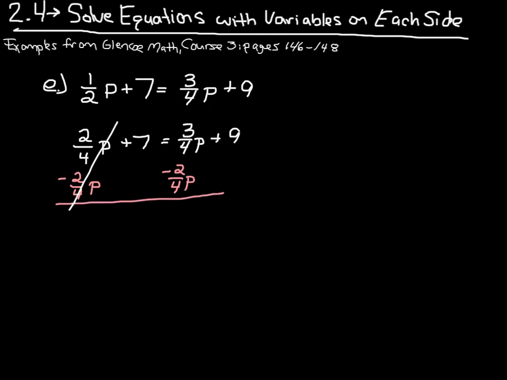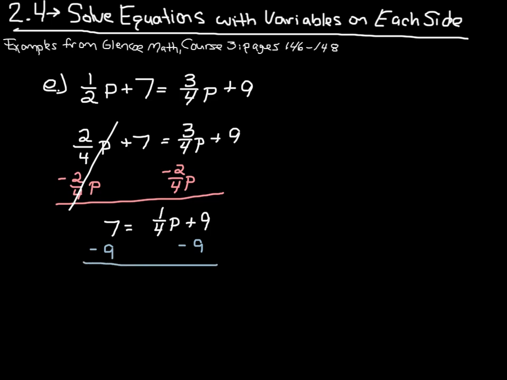Those cancel. We're left with 7 equals 3/4 minus 2/4 is 1/4 P plus 9. Next, subtract the 9 from both sides of the equation.